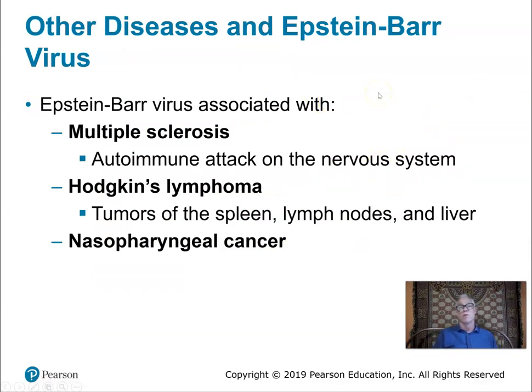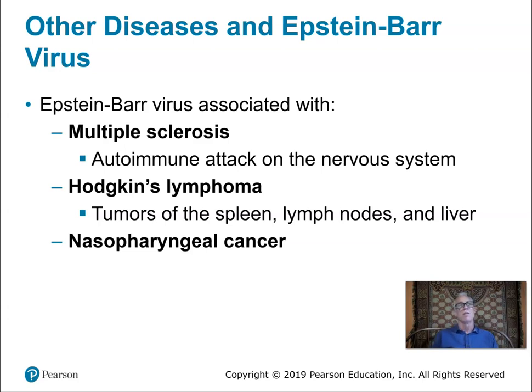Epstein-Barr virus infection is somehow implicated, by an unknown mechanism, in autoimmune diseases like multiple sclerosis. It's also implicated in Hodgkin's lymphoma, another type of B-cell tumor, and nasopharyngeal cancer. So the Epstein-Barr virus does some shenanigans with cells and cell cycle and transformation of cells.